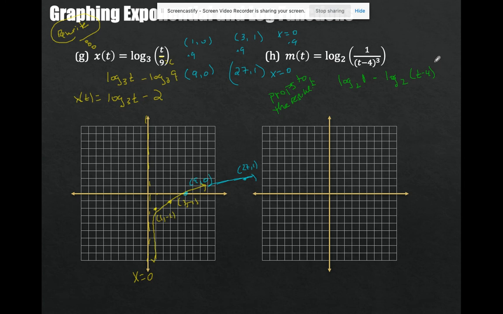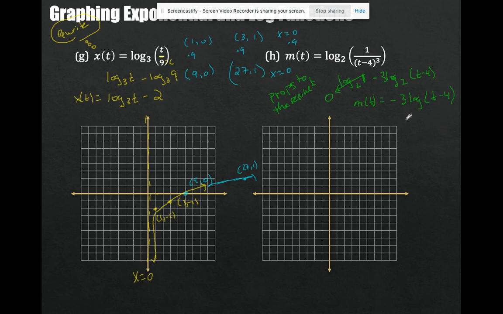Where am I going to write that 3? Oh yeah, bring it on down. And what is the exponent that turns 2 into 1? Hello, 0. So I am graphing a basic log function that is multiplied by -3 and is shifted right 4.